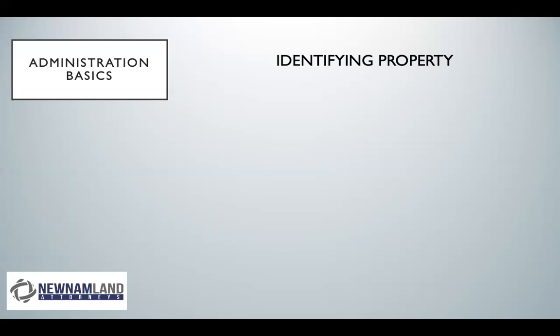So what do I mean by identifying property? When someone passes, and you've gone to the court, you've been approved under the will, you then have to figure out what they owned. Sometimes that's fairly simple. It depends on your relationship with the person, right? Sometimes it's fairly complex and complicated. Sometimes the deceased hasn't really told people what they own, and has been very careful about who knows about their finances.